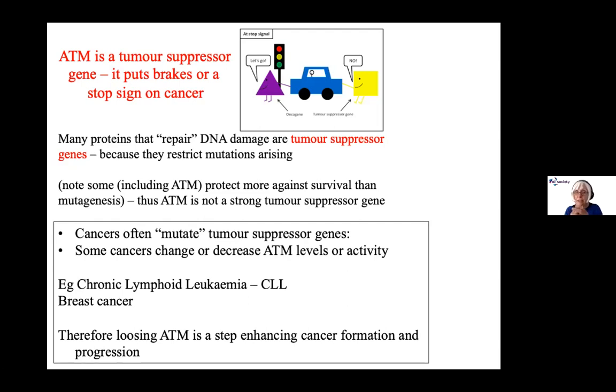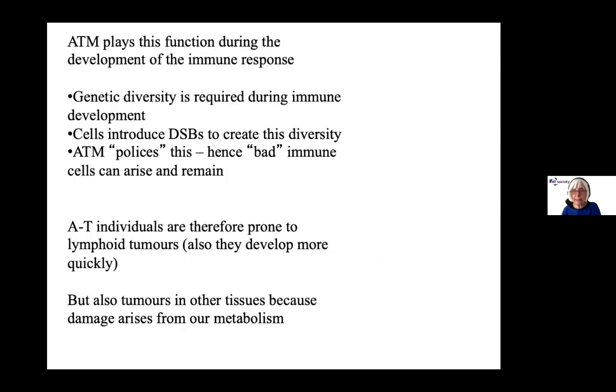And so some cancers have actually changed or decreased ATM activity. That's true for chronic lymphoid leukemia, is true for breast cancers. So losing ATM is a step enhancing cancer formation and progressing. So that's why individuals who have lost ATM are more prone to getting cancers.